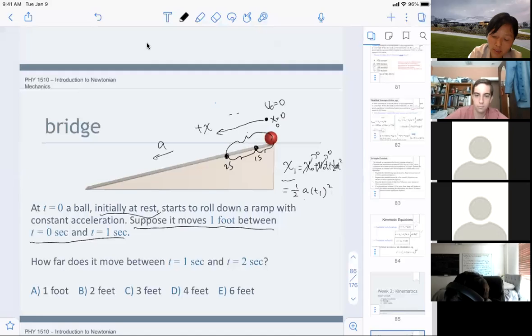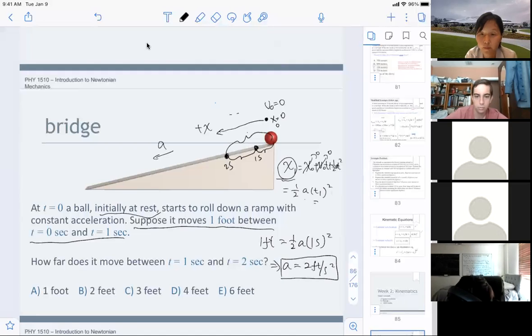So between 0 seconds and 1 second it traveled 1 foot, that is 1 foot equals 1/2 a t1 squared, with t1 being 1 second. So you can easily calculate your acceleration is 2 feet per second squared, right? So having that, you can do your second kinematics equation to calculate where the ball is at 2 seconds.